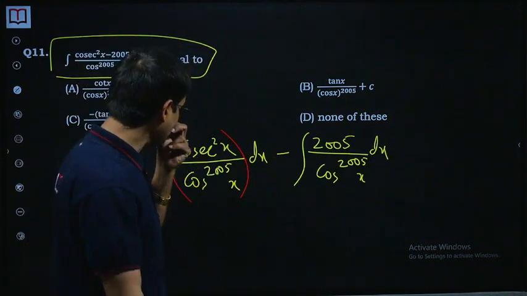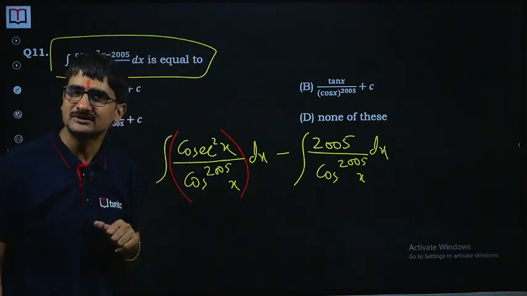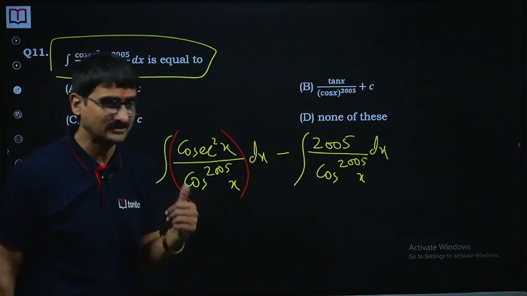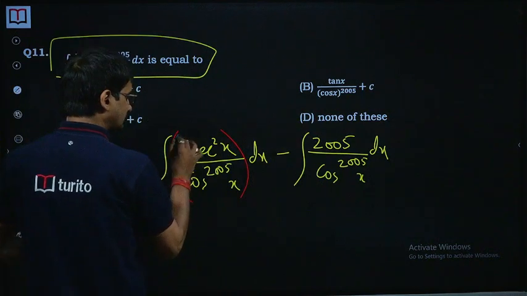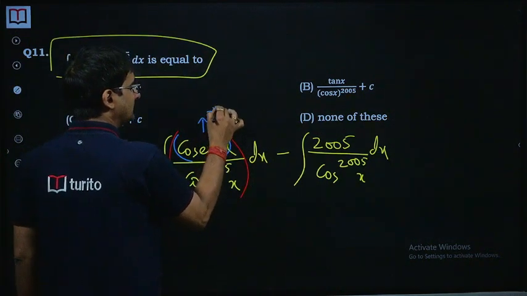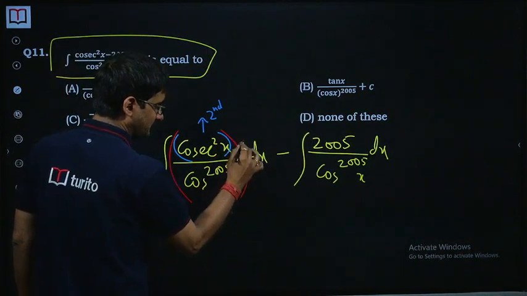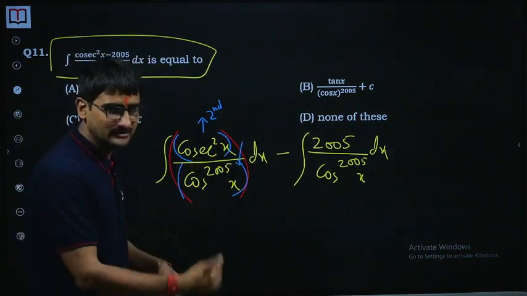And looking at this, we know that the integral of cosec square x is direct, which is minus cot x. So for sure this is going to be our second function, and this entire 1 upon cos is our first function.